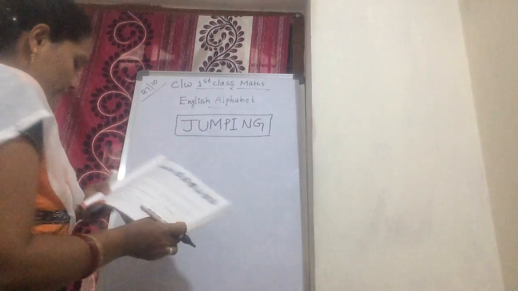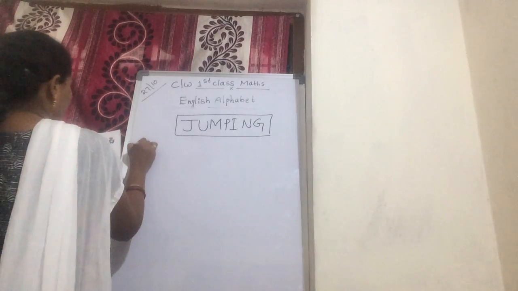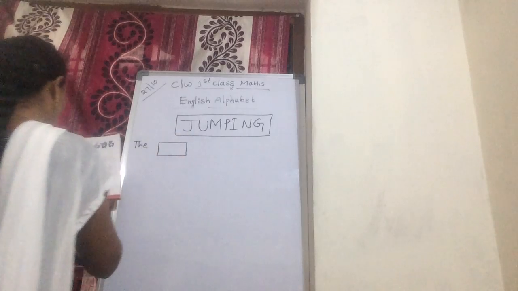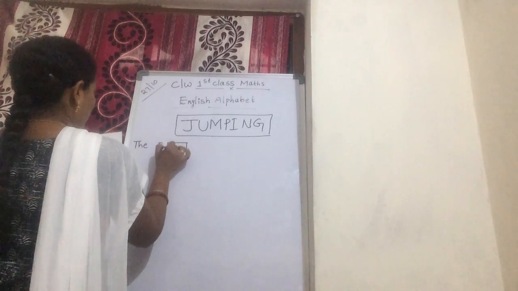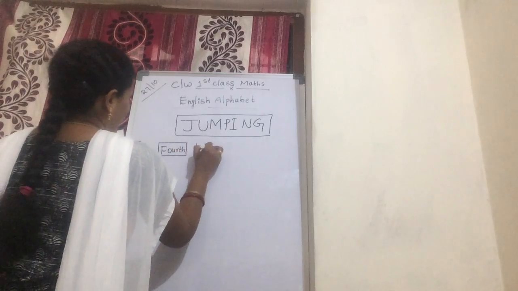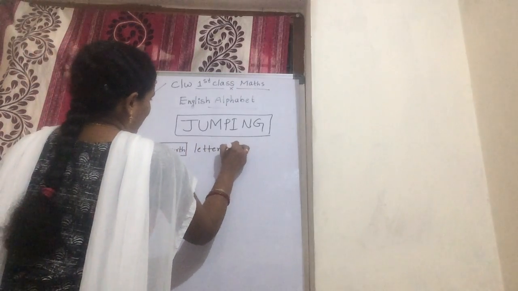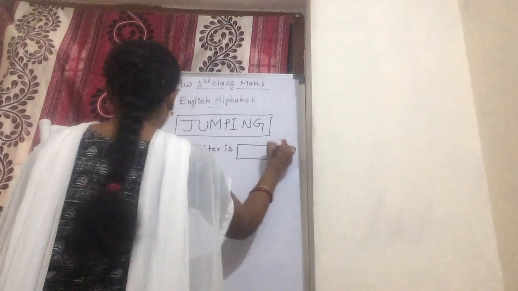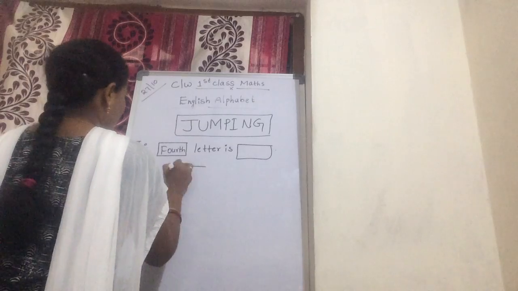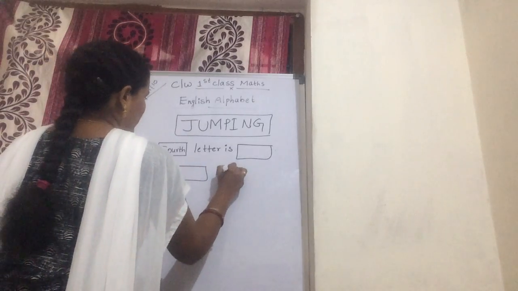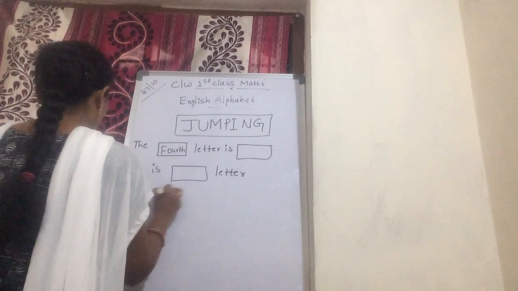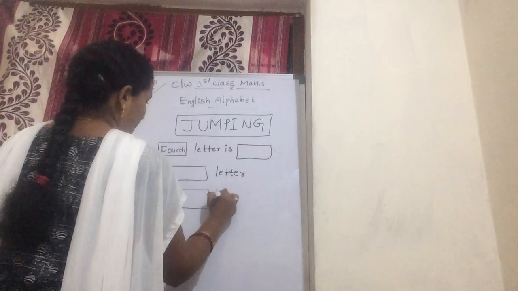That is over, Amma. Next, let's see the dash. In dash, the fourth you get. Fourth letter is. Now you should fill here. What is that? Now next. M is the dash letter. Now next. I is the dash letter.